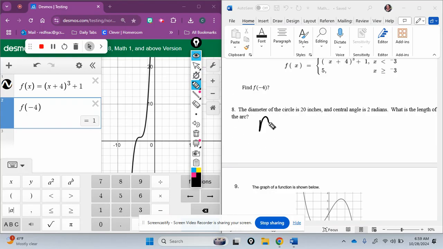Because it's in radians, arc length equals radius times theta. So fill in the question to get your answer. The central angle will be your theta, and you have a diameter of 20 inches. You got to find your radius from the diameter, and then you'll find your answer.